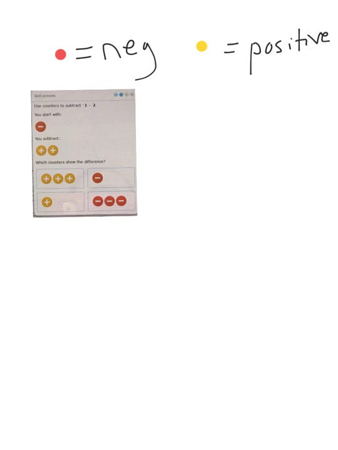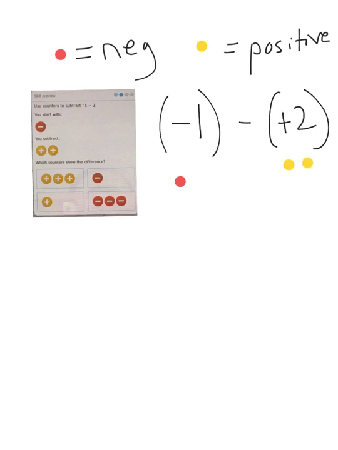So again, we have here negative 1 minus, and it doesn't have a positive in there, but I just want to indicate we are trying to take away 2 positives. To illustrate that, we have negative 1 in terms of our chips, but we're wanting to take away 2 positives.